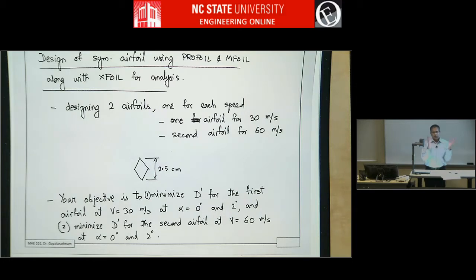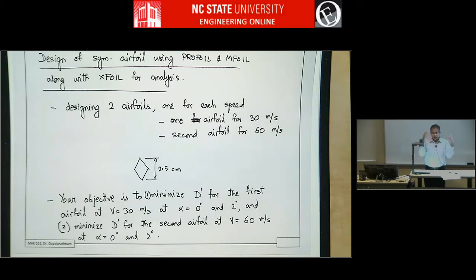There will always be some oscillations of the airplane or some atmospheric turbulence. So angle of attack is always going to vary a little bit, plus or minus 2 degrees or 3 degrees or something. So we're going to assume it's something like 2 degrees. So this airfoil shouldn't be extremely low drag at 0 and then have a high drag increase at like 1 degree.